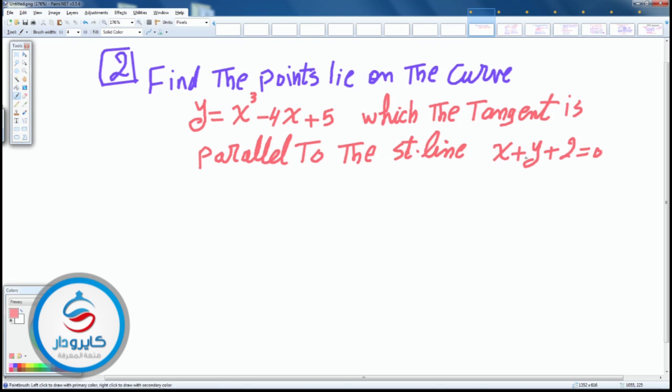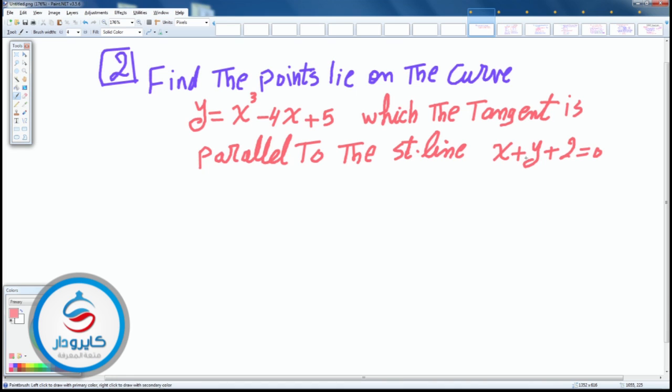Before we solve the problem, we have to imagine it. We have two y's here. First, y equals x power 3 minus 4x plus 5. This is the equation of the curve. And the tangent is parallel. He said that the tangent is parallel to the straight line x plus y plus 2. That means we can deal with the first y, which refers to the curve equation, but we firstly have to find the tangent.